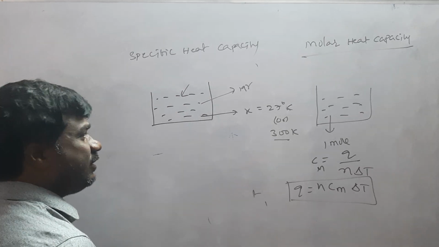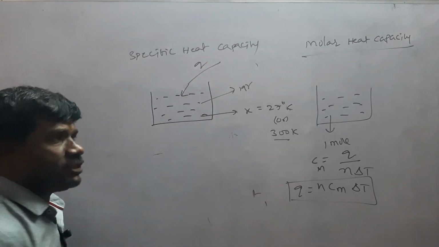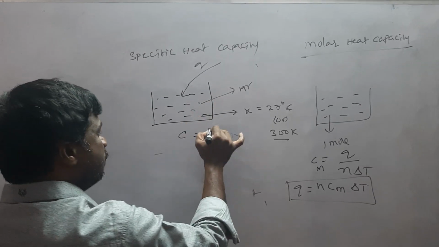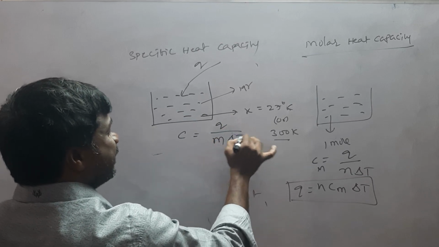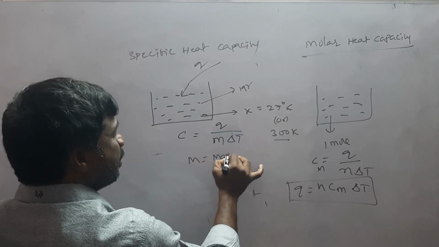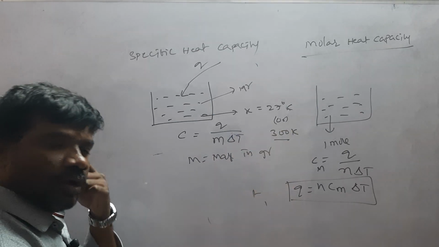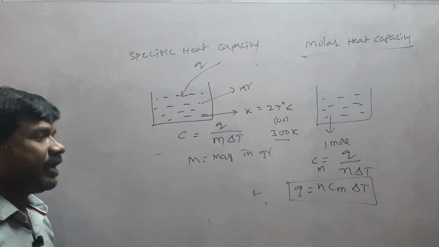The energy it requires is called specific heat capacity. So specific heat capacity equals Q by M into delta T, where M is the mass in grams. So one is molar heat capacity, another is specific heat capacity, and then heat capacity.